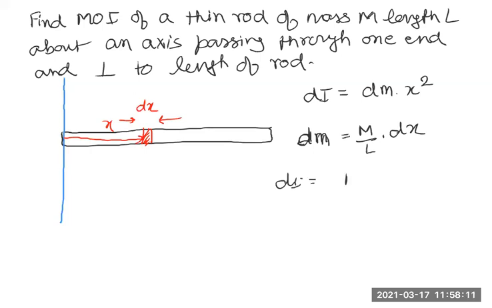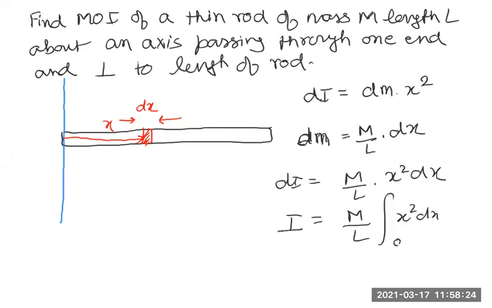So dI is equal to M by L into x square into dx. I is equal to M by L into the integral of x square dx from 0 to L. This will be ML square by 3.